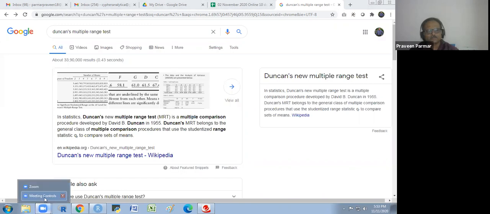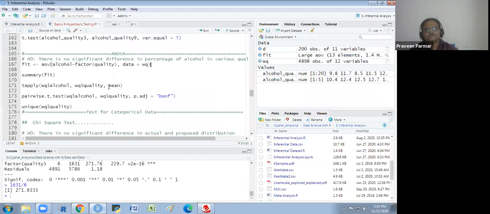So we come again to our meeting where we were. I use the pairwise t-test. I feel this is good. And we use the Bonferroni method for the probability adjustment.